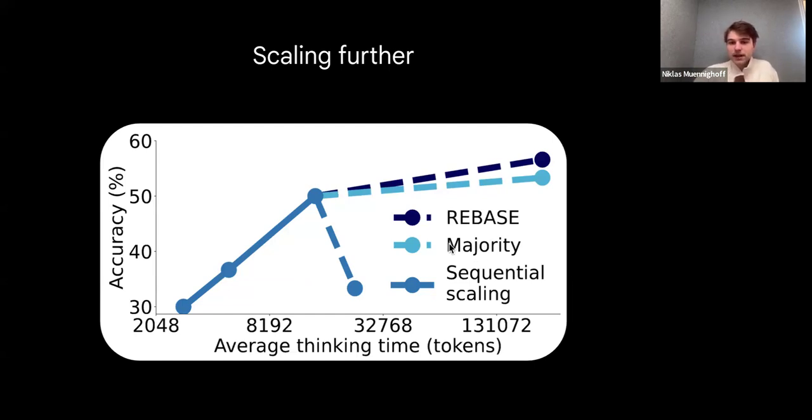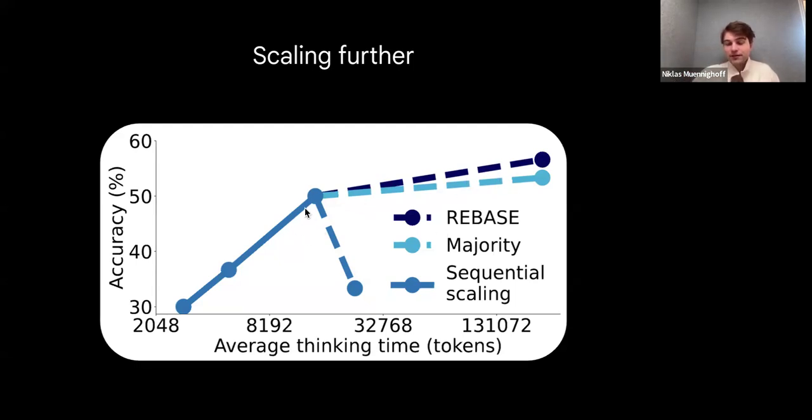Here are two parallel scaling methods in this plot as well, rebase and majority voting. Majority voting we already covered. Rebase is a very similar method that uses some tree search in addition to majority voting at the end. Both of them let us scale further here.